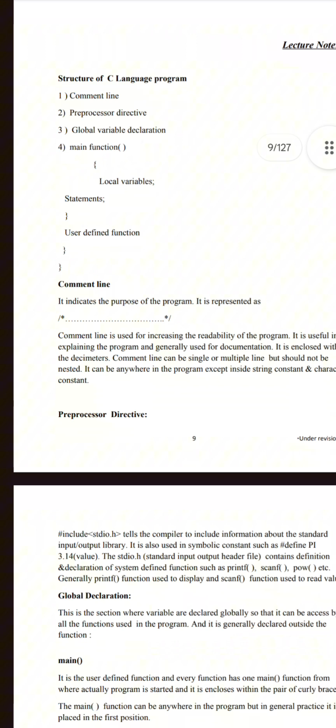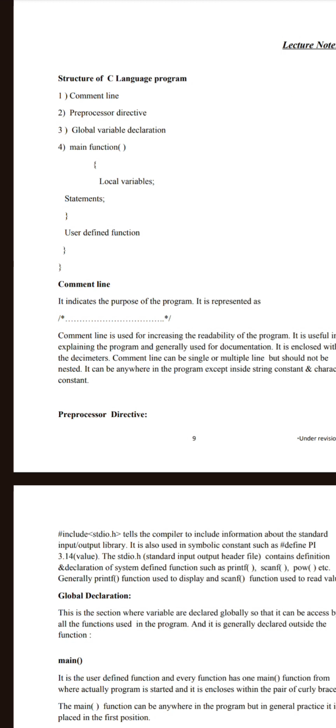First one is command line. In C programming we can give commands, and the command section is non-executable. It will not be executed while running the program.